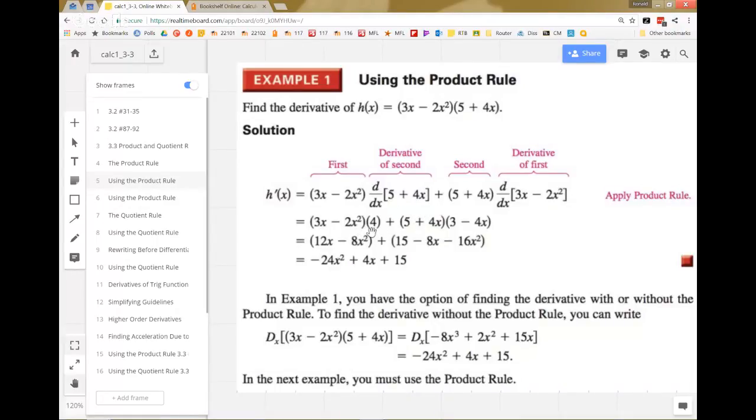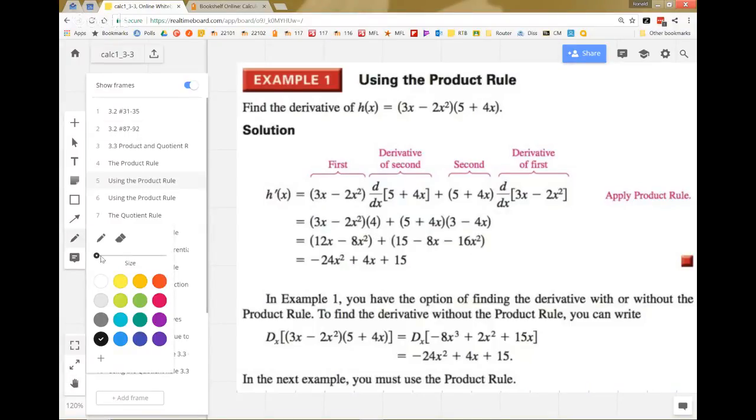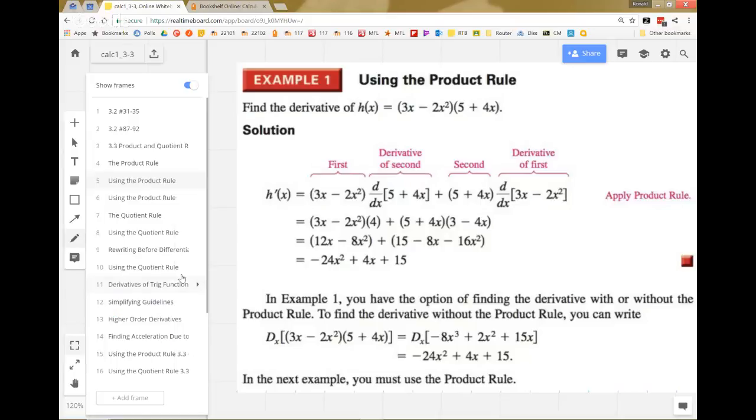So there's your derivative of the second, plus the second, 5 plus 4x, times the derivative of 3x minus 2x squared. Derivative of 3x is 3. The derivative of negative 2x squared is minus 4x. Okay, we've executed the product rule.